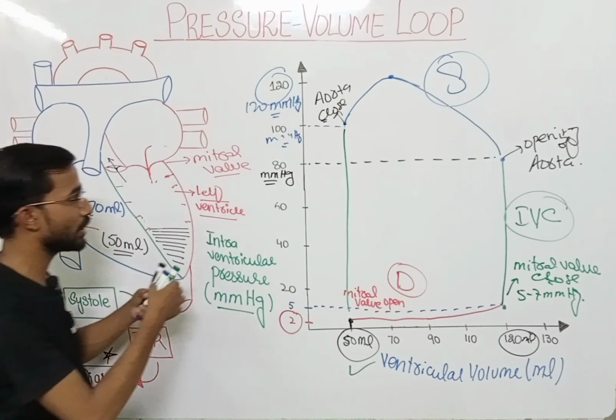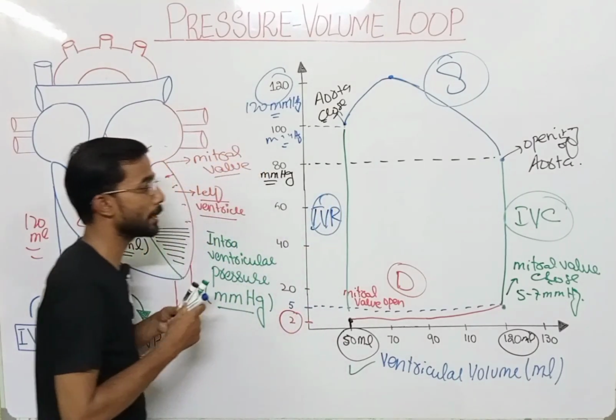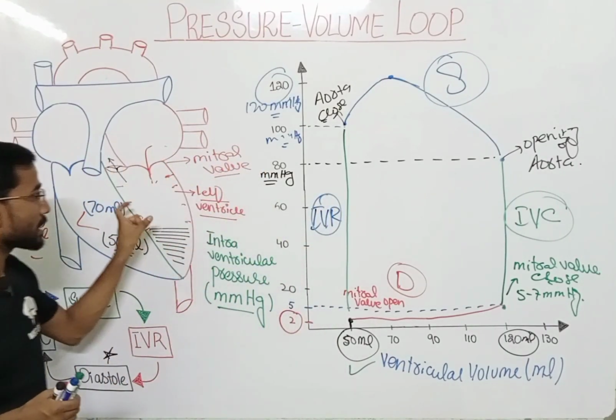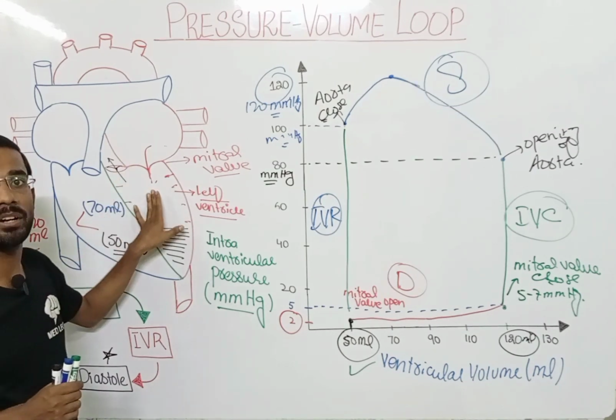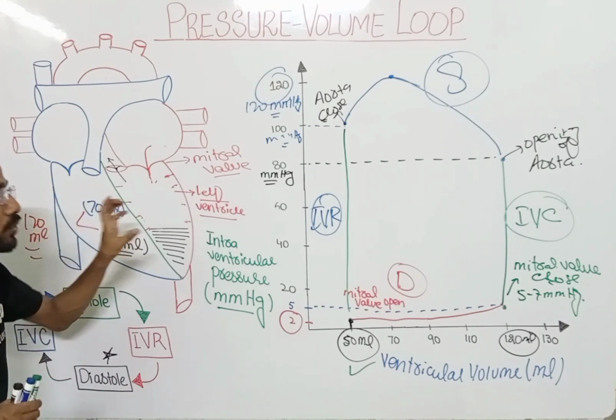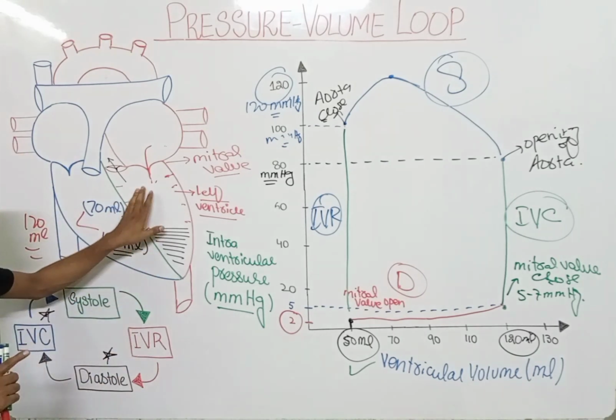So this is the phase of the isovolumic relaxation, in which the left ventricle muscles start relaxing, but the volume remains the same. In the isovolumic phase the volume will again be 50 ml.